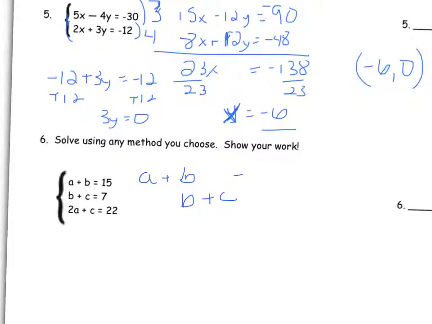So a plus b equals 15 and b plus c equals 7. And then I used combination, so it's like I multiplied by a negative 1, and then I combined. So now I have a minus c equals 8.